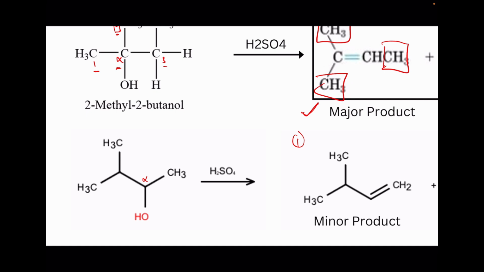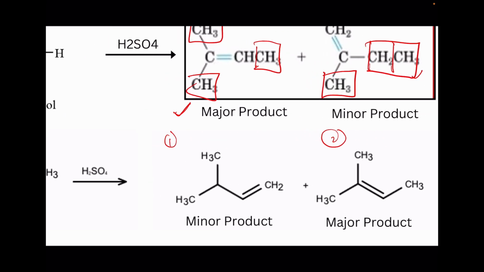Based on the structure, there are only 1 and 2 possible products. The major product is formed when the alpha carbon forms the C=C double bond with the first carbon.